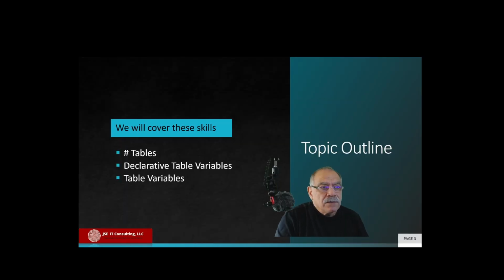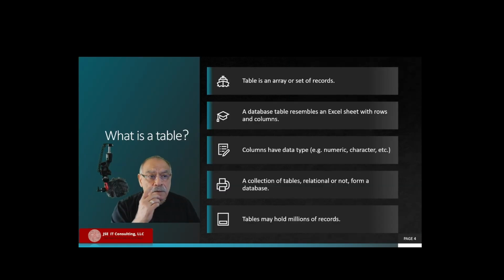And here are the bulleted items that we're going to be discussing. So, what is a table? Regardless of whether it's a physical table or a temporary table, it is basically a collection of records, kind of similar to Microsoft Excel sheets, right? Rows and columns, and you choose data types for your columns the same way.